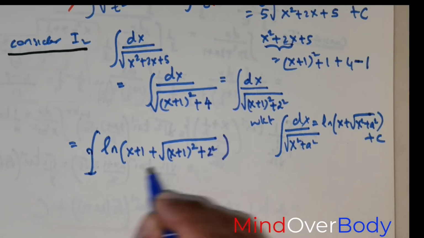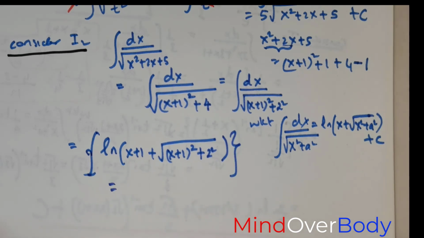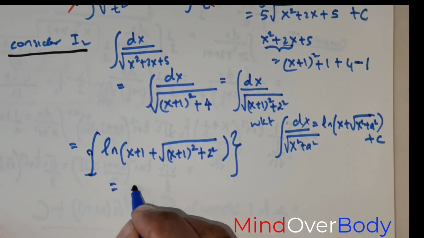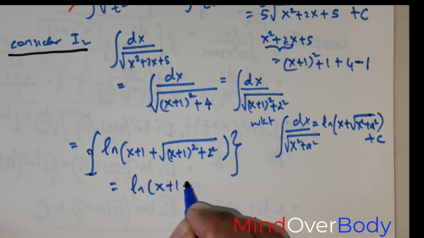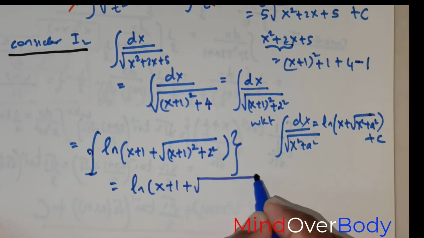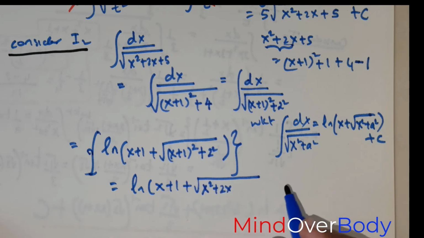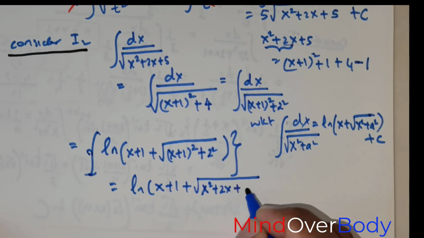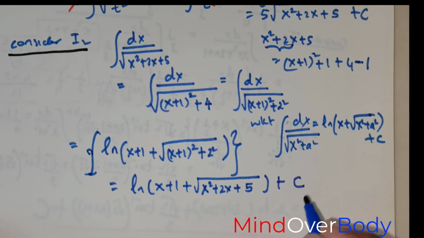So this can be further simplified to ln of x + 1 + root of, if we expand this, x squared + 2x + 1 added with 2 squared will give me 5, with the arbitrary constant. So this is my I2.